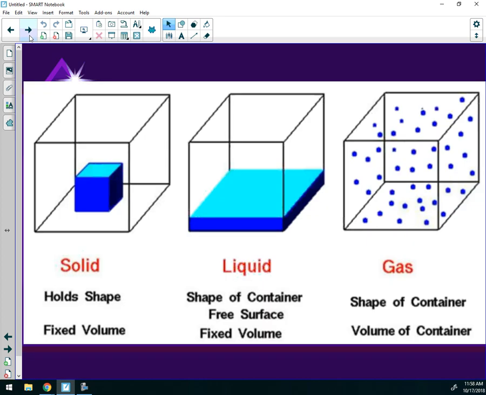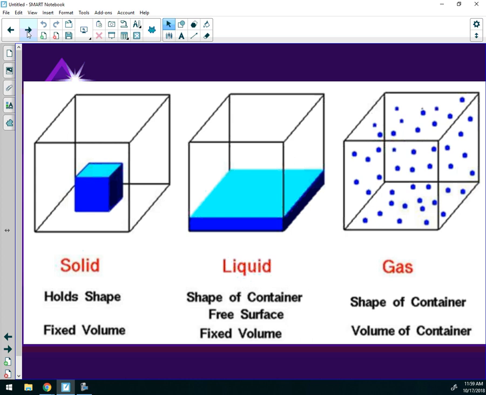Now, what did we say about the solid? We said that the solid has definite shape and definite volume, meaning that no matter what size the container that the solid matter is in, it will hold its shape and have a fixed volume. Two characteristics of liquid would be they take the shape of the container, but they have a fixed volume.